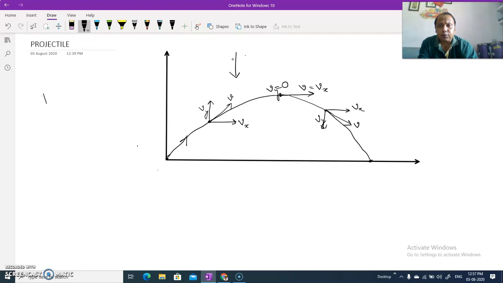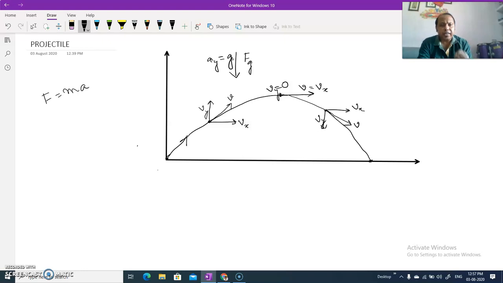The formula for force is always given by mass into acceleration. So the gravitational force is acting in the downward direction. So the acceleration due to gravity in the vertical direction, ay, is g.